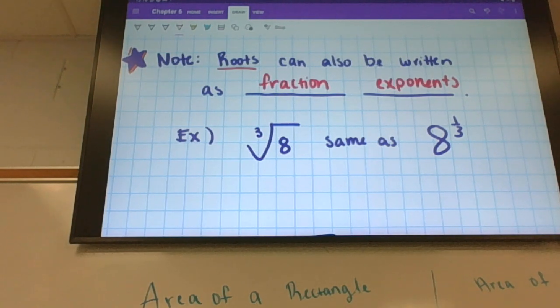Okay. The third root of 27 is also written as 27 to the 1/3. Are you guys okay with that? Let's try 1,000. The third root of 1,000 is also written as 1,000 to the 1/3. It's equivalent.